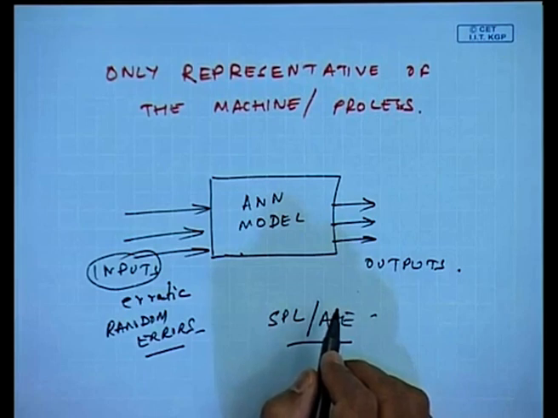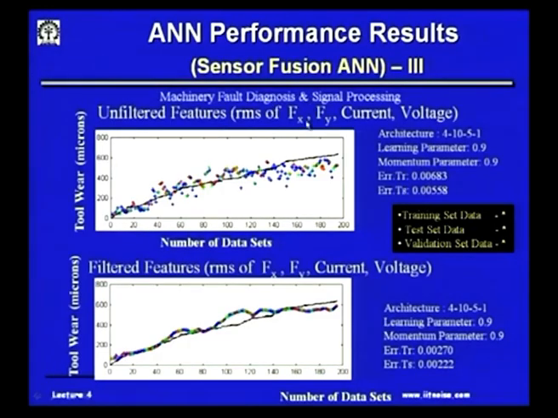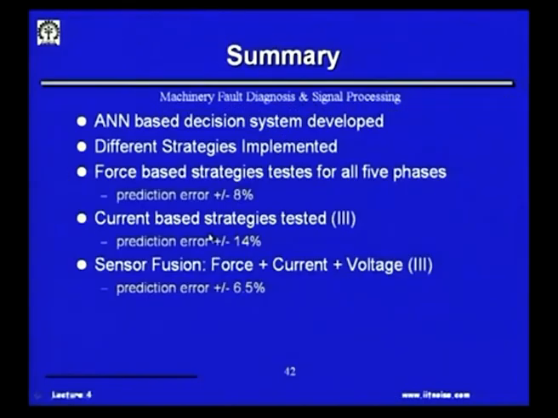And then if you go back to the cases when we used Fx, Fy, current and voltage, the predictions are much better compared to just measuring the forces. So sensor fusion is also very important.